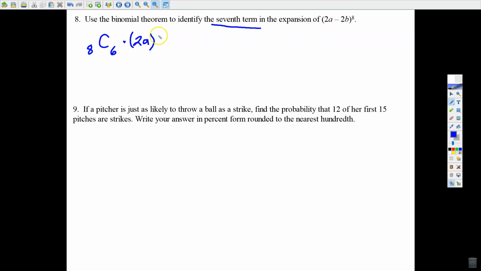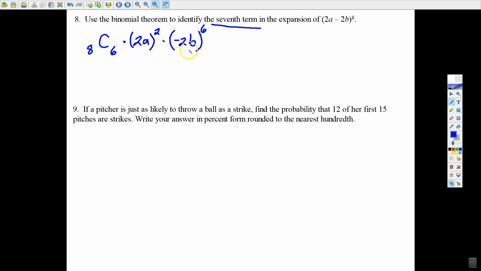And I'm going to raise 2a. This first exponent will be the difference between these two numbers. So if you just do 8 minus 6, that's 2. The next term, negative 2b, you can remember that the binomial theorem always has the second number after c, the 6, and the second exponent always match.